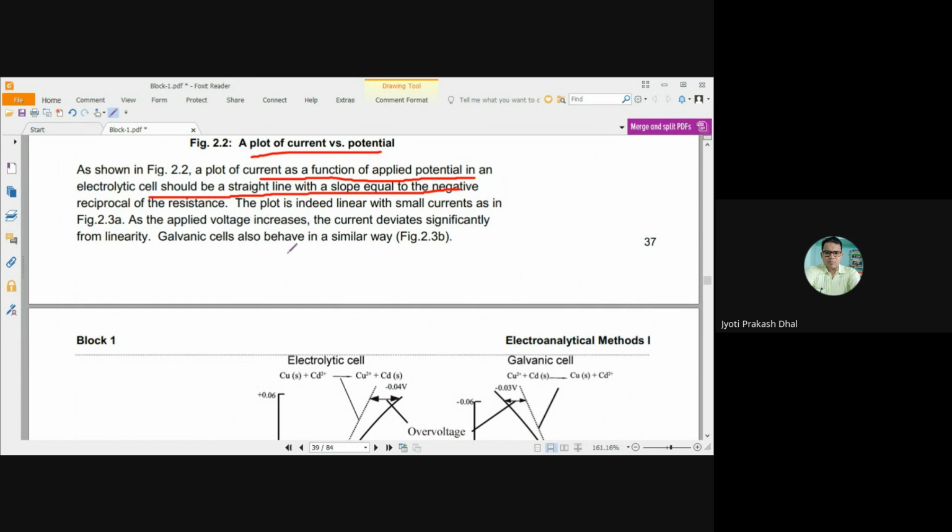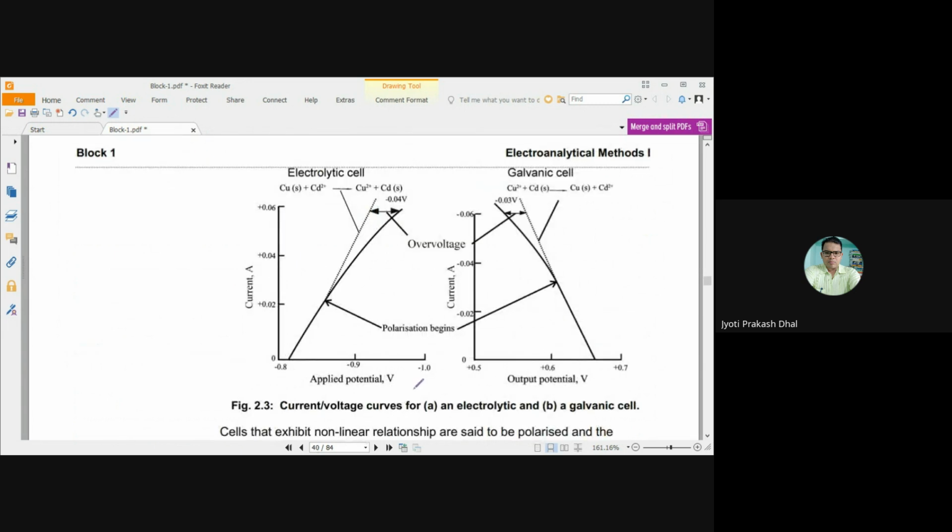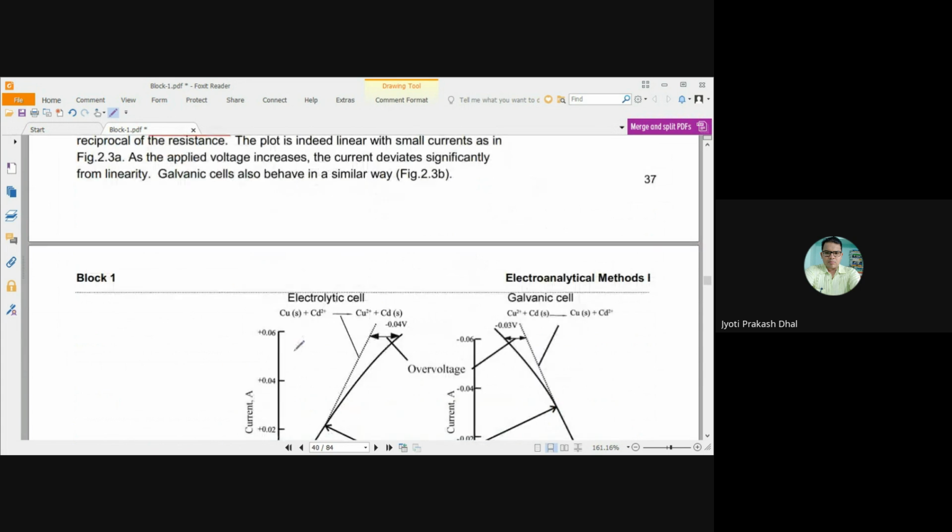Based upon this principle, a plot is indeed linear for a small current, as in the figure.